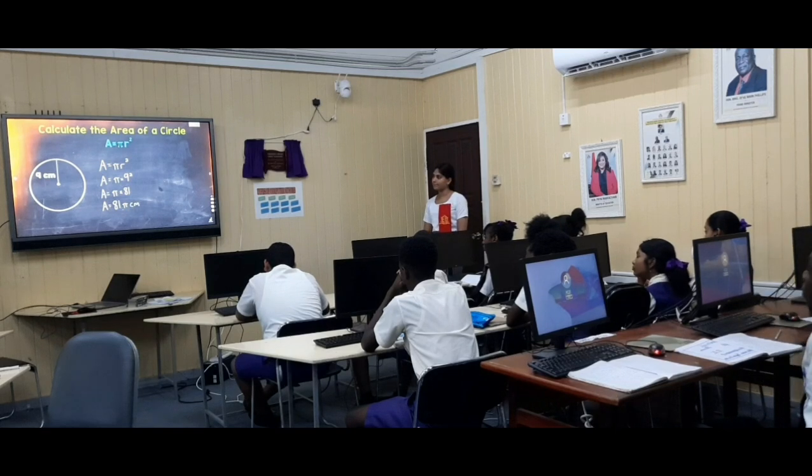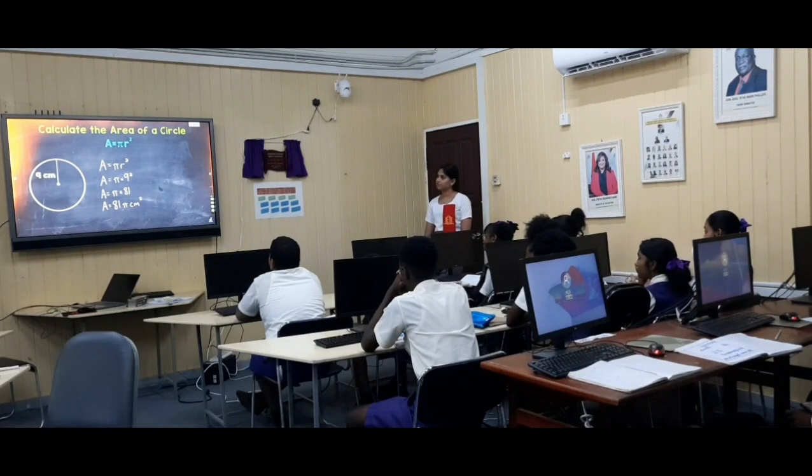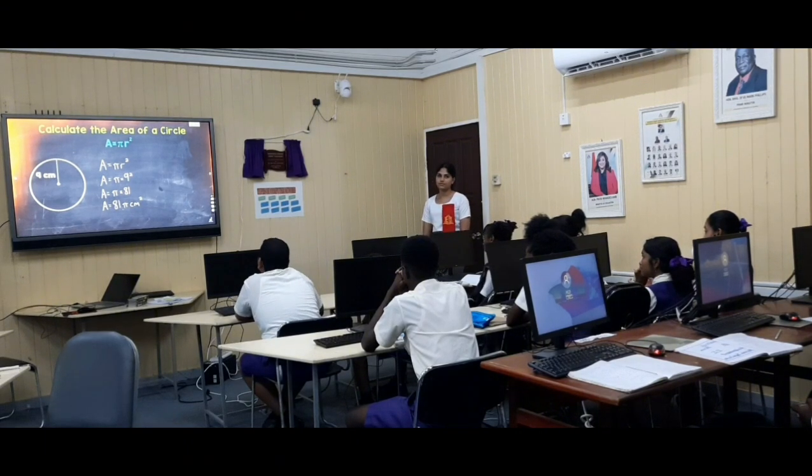And when working with area, it's going to be square units. So we have area equals 81 pi square centimeters. So again, one way to write our answer is in terms of pi. So we have our number and then our pi symbol followed by the unit of measure squared.